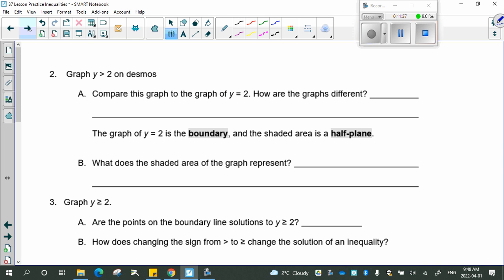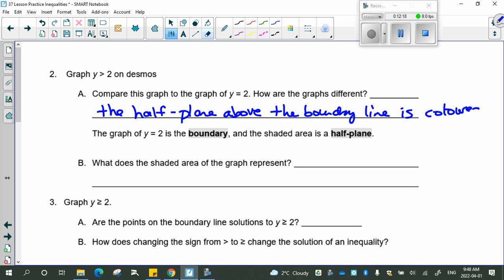All right, so compare this graph. How are the graphs different? The half plane above the boundary line is colored in or shaded in.